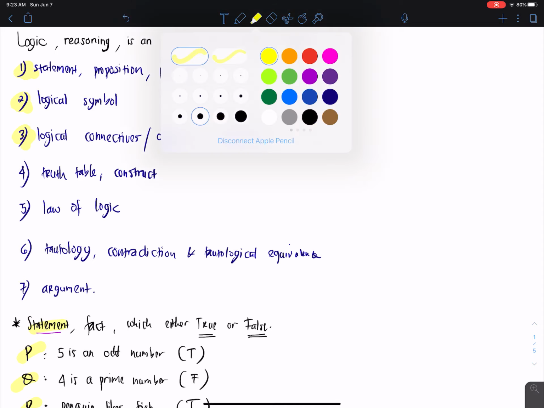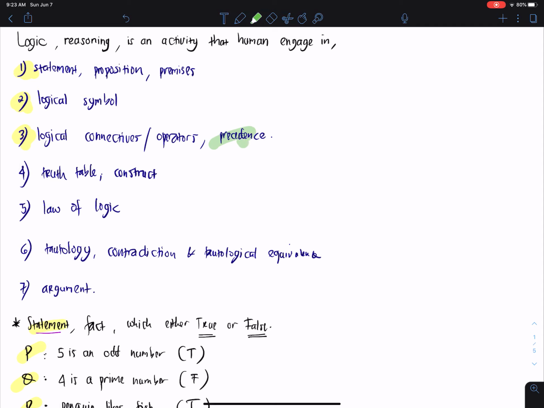I have not yet mentioned the precedence. Precedence means which one comes first after which. In math operators, we already know that multiplication comes first, and then division, and then plus, minus, like that.